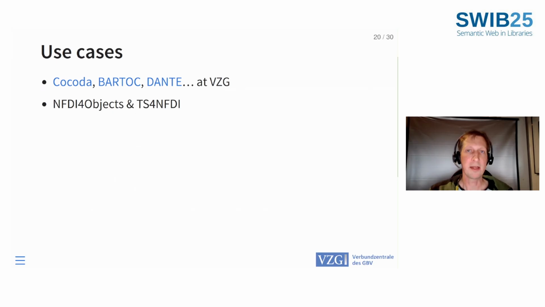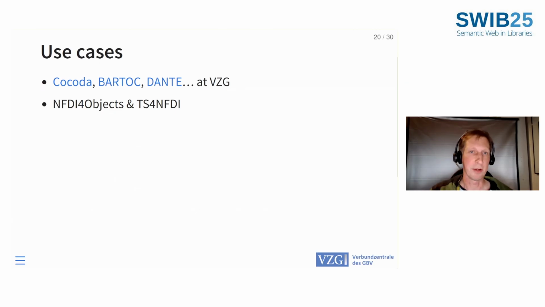Another use case that goes beyond our own institution is NFDI. We are a member of NFDI for Objects and NFDI4Objects and TS4NFDI, and participate in both with the Cocoda web application and provide information about terminologies. So the data format and the API is also used more and more in these NFDI consortia or beyond.